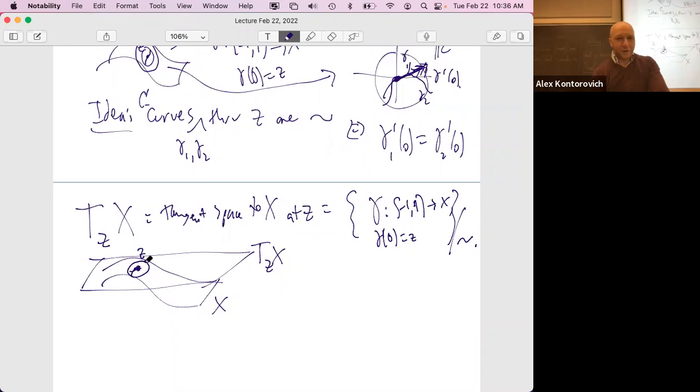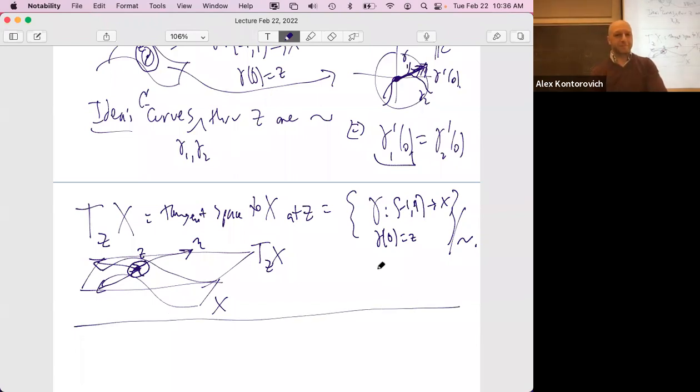Well, look at all the possible directions that you can pass through z at all possible speeds, and that's all of these tangent vectors. Let's call them eta or something. And that gives me a bunch of these derivatives. And I just want the values of the derivatives and not the curves that gave me that derivative. So that's curves up to equivalence. So that's this tangent space structure.